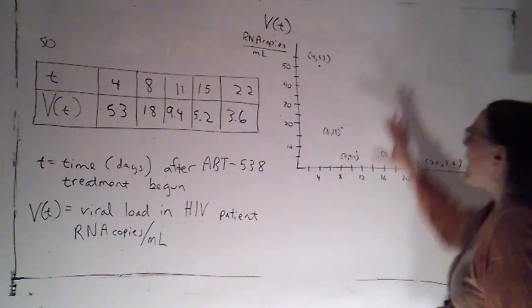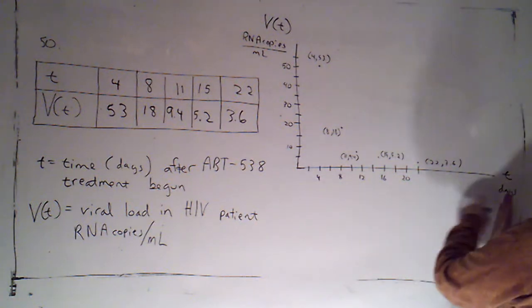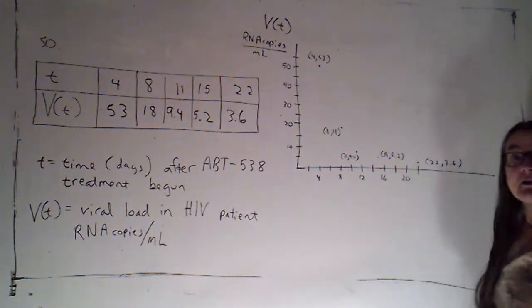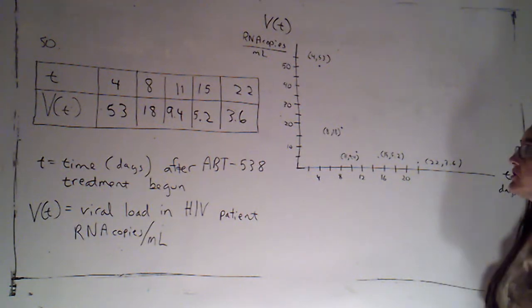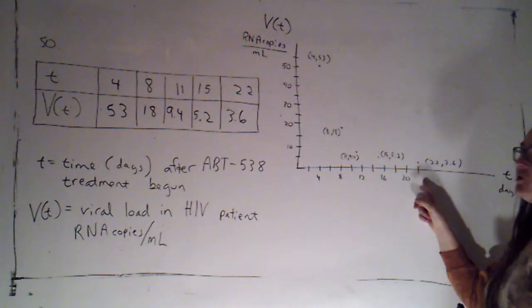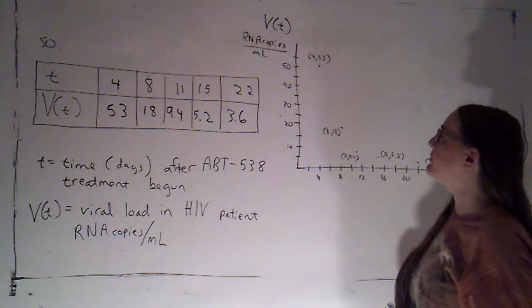All right, now I've graphed the information over here. So time is on this axis and viral load is on this axis. And you'll notice I'm using a different scale on the two axes because with time I only needed to go up to 22, but with viral load I needed to be able to go all the way up to 53.